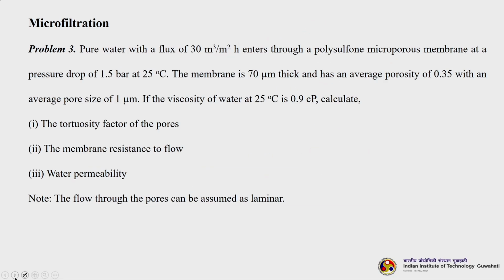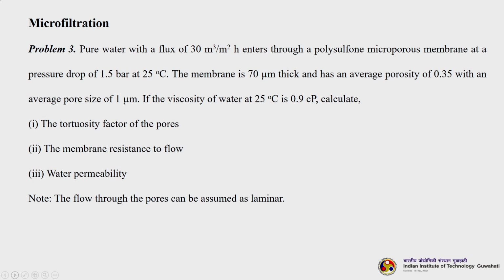Okay. So, we will see another problem which is actually based on microfiltration. So, the problem goes something like this: pure water with a flux of 30 meter cube per meter square hour enters through a polysulfone microporous membrane at a pressure drop of 1.5 bar at 25 degrees centigrade.